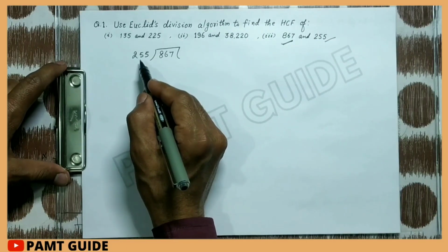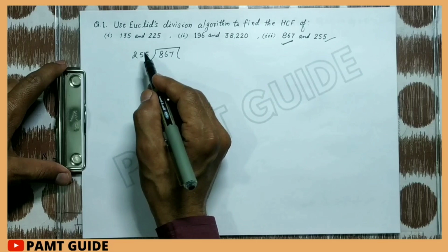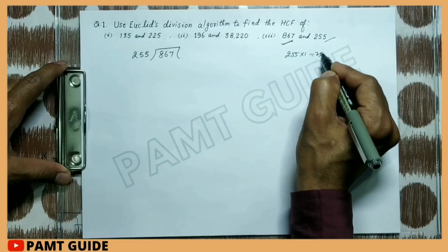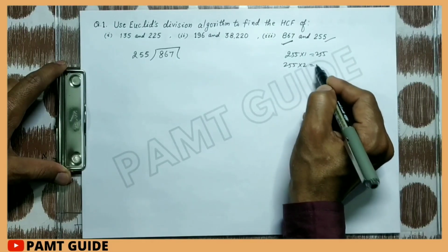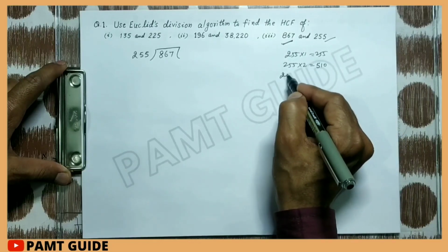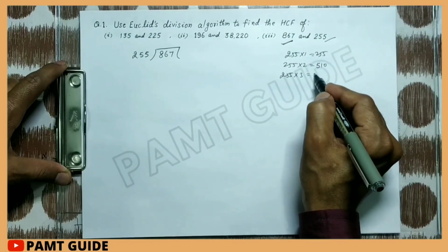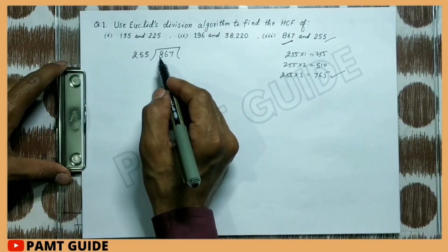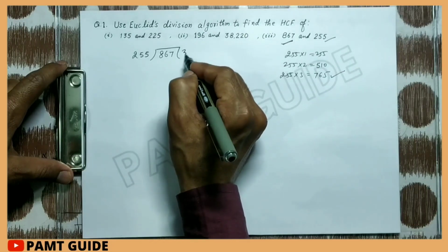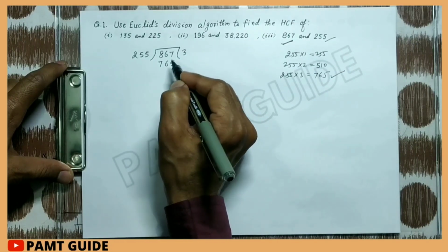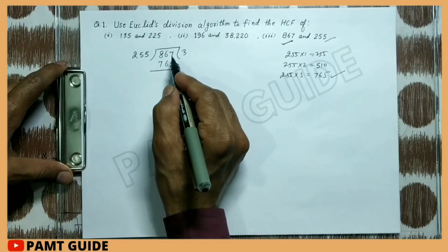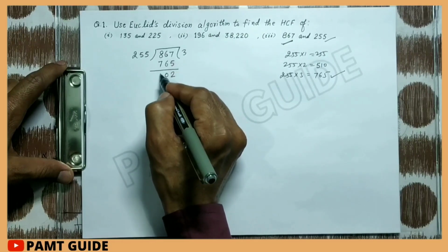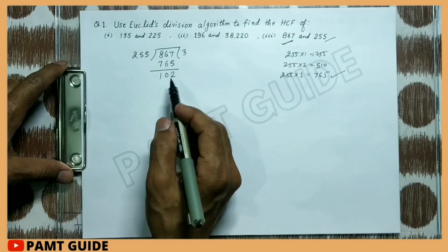It is very difficult to learn the table of 255, so we calculate some steps here. 255 1s are 255, 255 2s are 510 and 255 3s are 765, and this number is nearer to 867. So 255 3s are 765. When we subtract it, we get 7 minus 5 is 2, 6 minus 6 is 0, 8 minus 7 is 1, and we have 102 as a remainder.